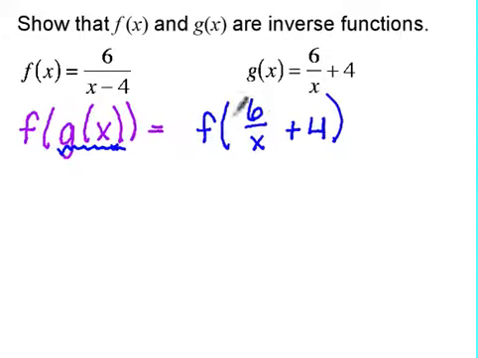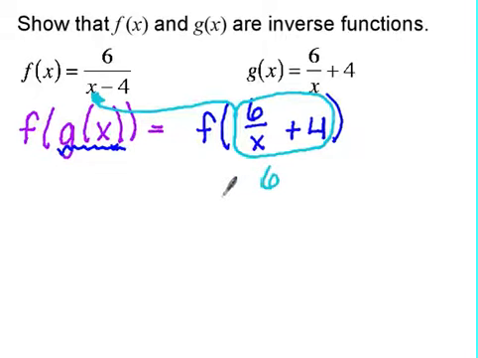Now what I'm going to do is take this whole thing right here, and I'm going to plug this in where? Into the f of x. So I'm going to plug it right there for x. So this is where things get kind of a little messy for just a little bit.